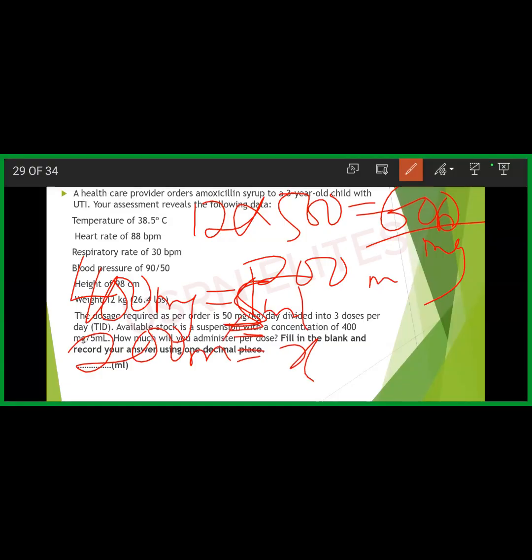Then you do your cross multiplication. So you have 400x is equal to 1000, right? So 1000 divided by 400. That was your answer, right? Did you get something like 1000 divided by 400?